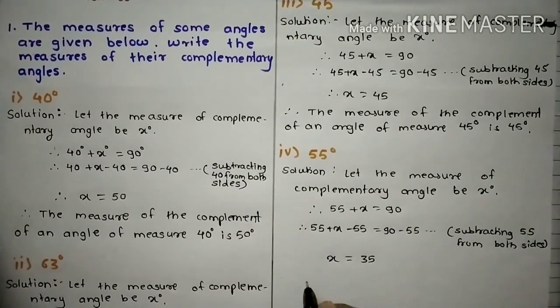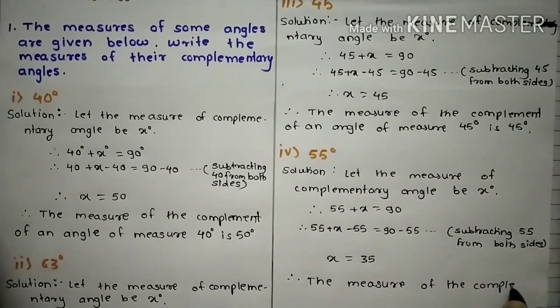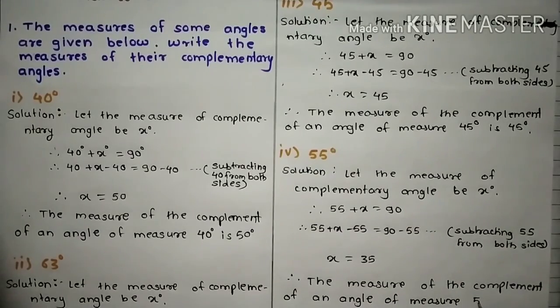Therefore, the measure of the complement of an angle of measure 55 degrees is 35 degrees. Okay, now see the fifth example.